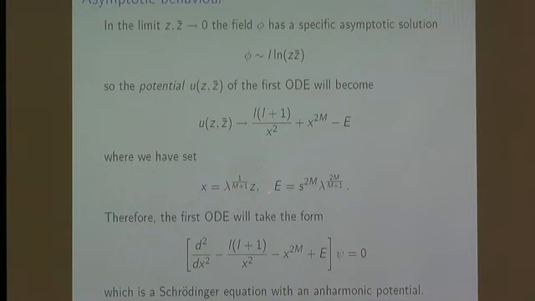So x is related to z, and E is related to the spectral parameter and to this parameter S. So the first ODE can be written in this form, which is the Schrödinger equation with this anharmonic potential here.